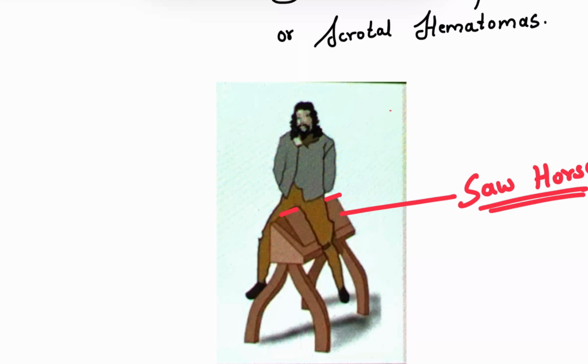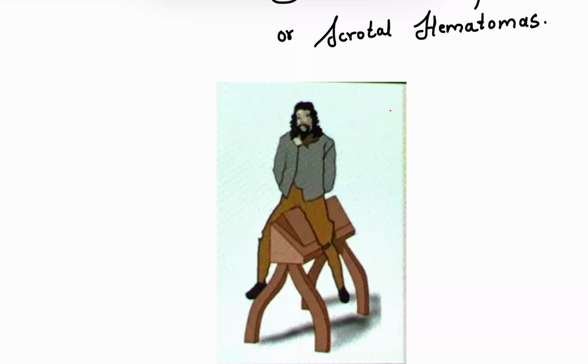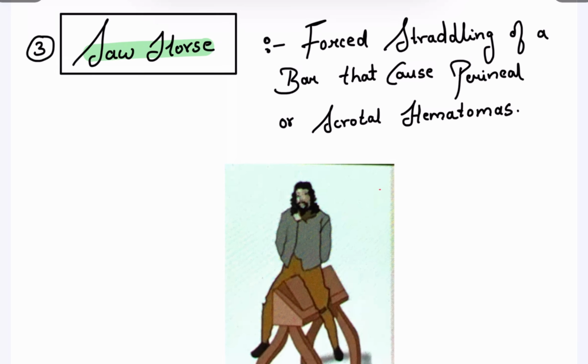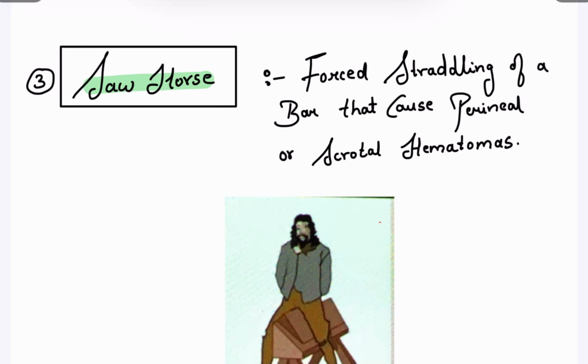There can be perineal or scrotal hematomas or very intense injury, and in some cases they put heavy weights on the feet. It can lead to very intense pain. So this type of torture is known as sawhorse torture.